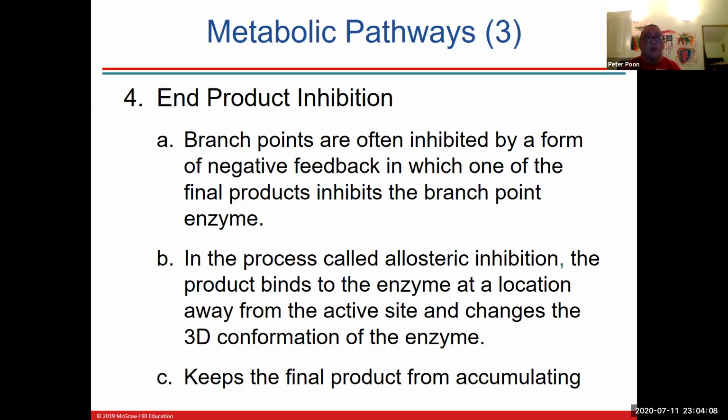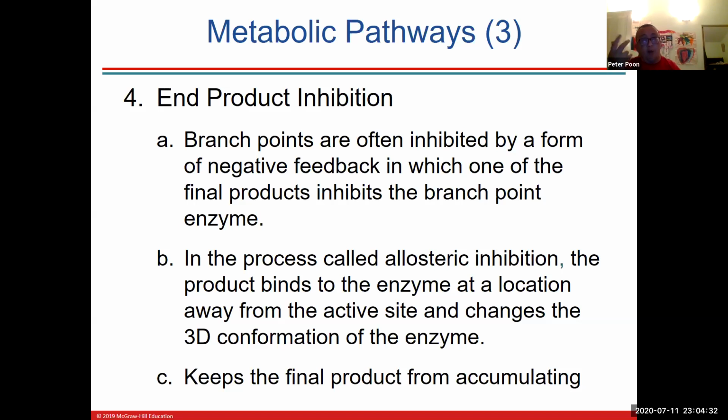This pathway is always there, but you don't want to always convert all your sugar to ATP. For one, you need some sugar. For two, you need the sugar to do other things like make fat. You don't want to turn all your sugar into ATP as soon as you get it, so you need to stop that pathway.